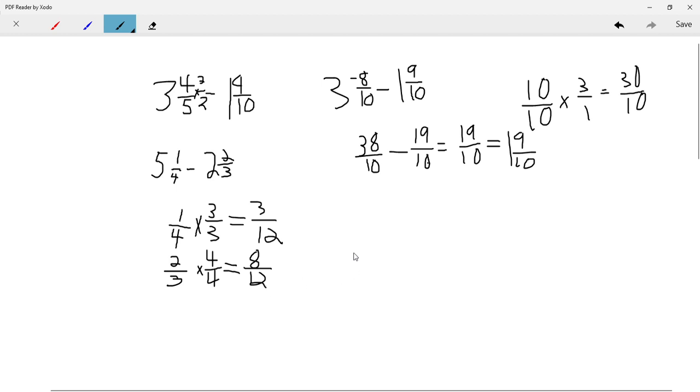So now we're doing 5 and 3/12 minus 2 and 8/12. Now we have to change these into improper fractions.